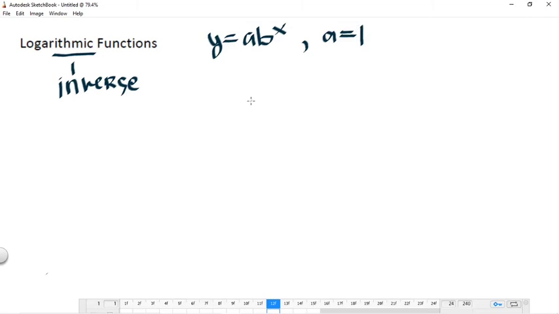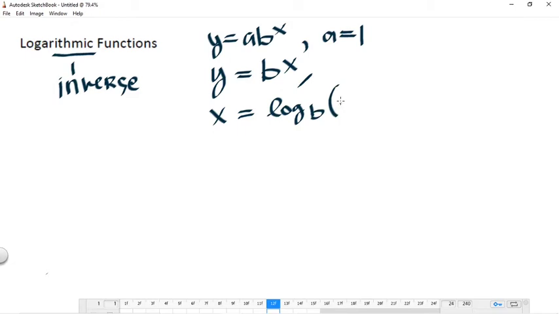If we simplify this, it will be y is equal to b raised to x. If we are going to express this in a form of a logarithmic function, it will be x is equal to logarithm or log base b of y.